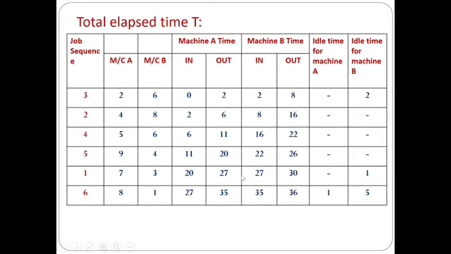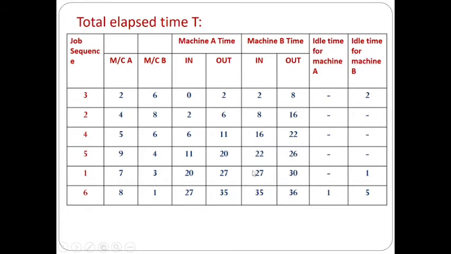And here you can see that the time out of the previous job from machine B is 26. Even though the machine is free, the job has to be processed in machine A first, and only then should it come to machine B, right? So the machine is available from 26 minutes, but the job is available only from 27 minutes.